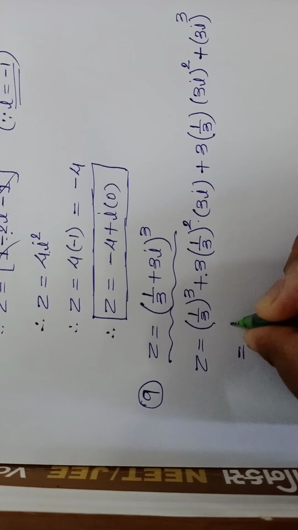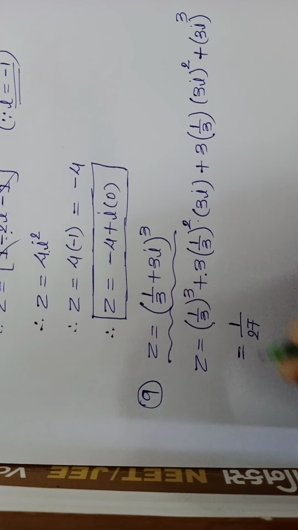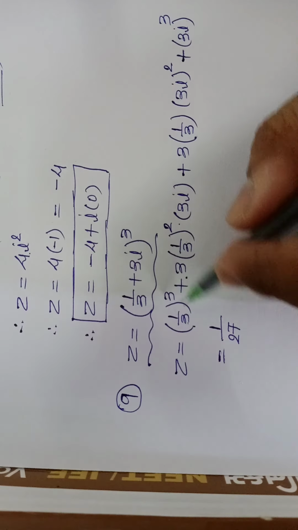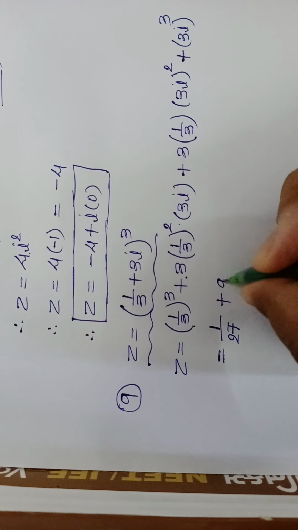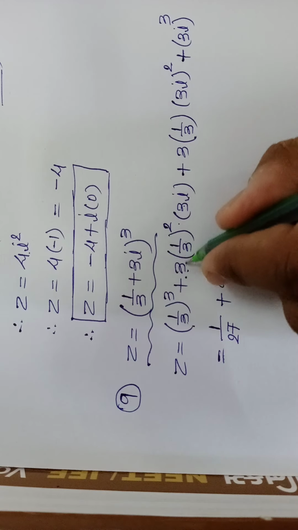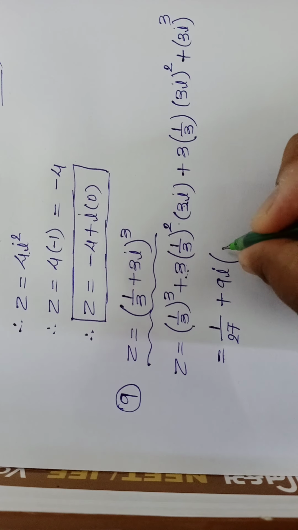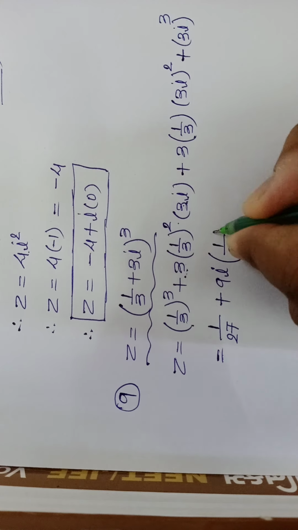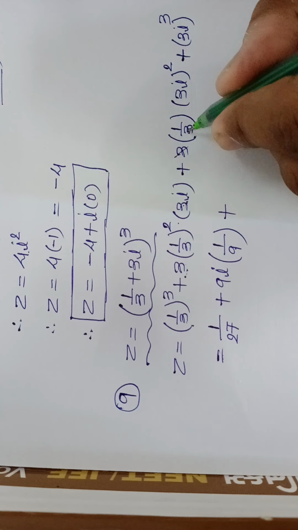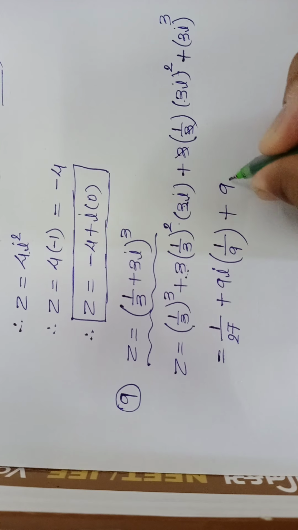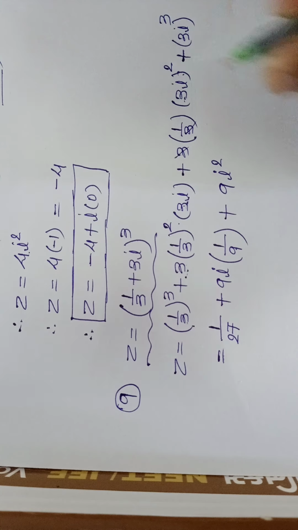Now just expand it. 1 by 27. See here, 3 cube plus 3 3s are 9i. See here, 3 3s are 9i into 1 by 9. See, 3 square is 9. Plus here 3 3 directly cancel. So this is 9i square.